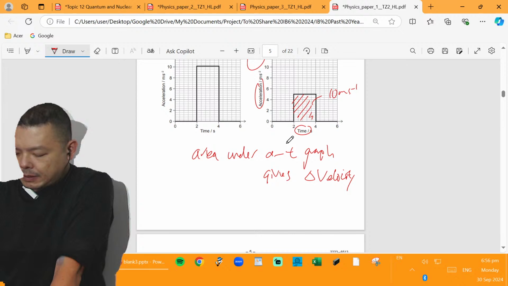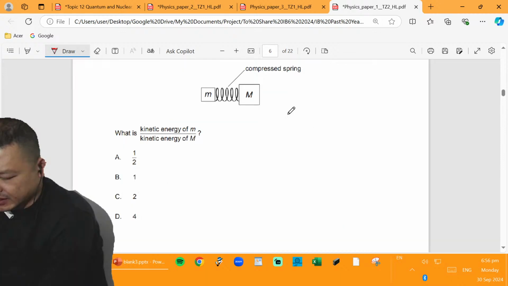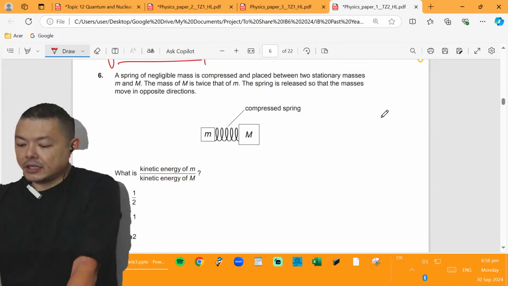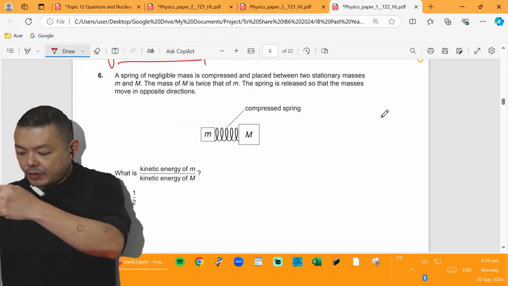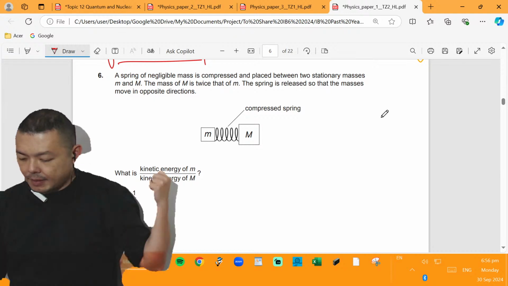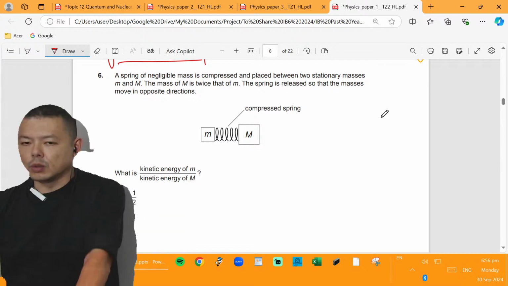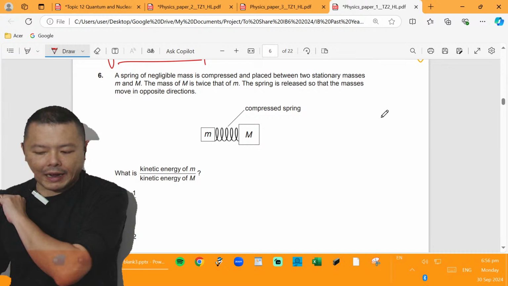Okay, the next one being 6. It says a compressed spring placed between two stationary masses is released so the masses move in opposite directions. What's the KE of M and KE of M, the small mass and the big mass? So how should you approach this question in the first place?